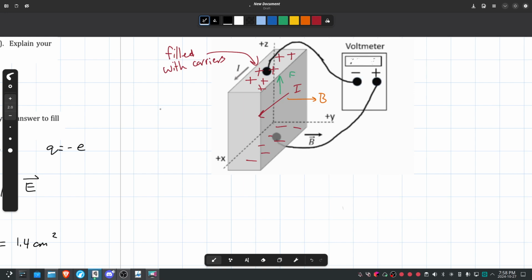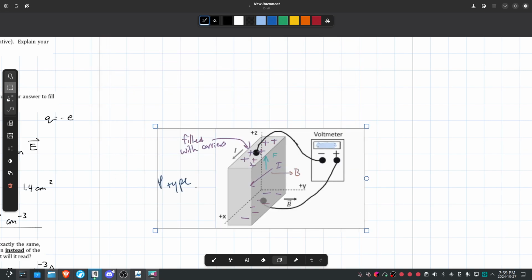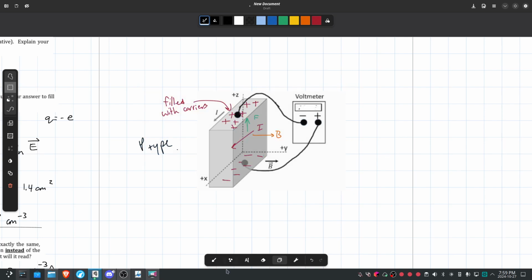So let's say it's P-type. I'm going to wrap up with this question, it seems like, because it's reaching 8. So after this, we'll call it a day. So Hall effect scenarios.